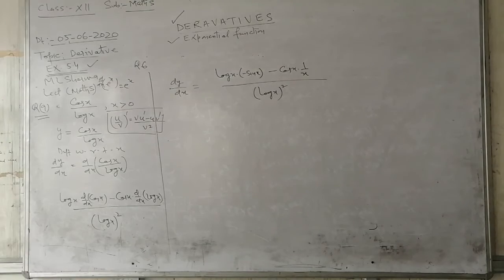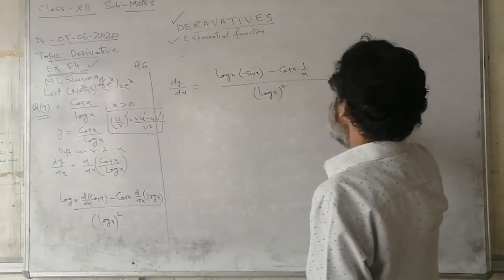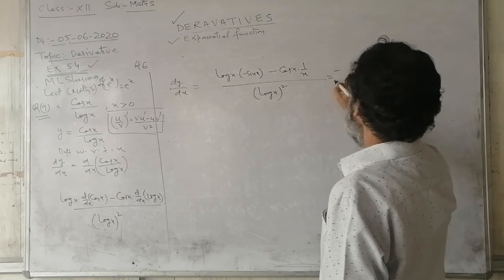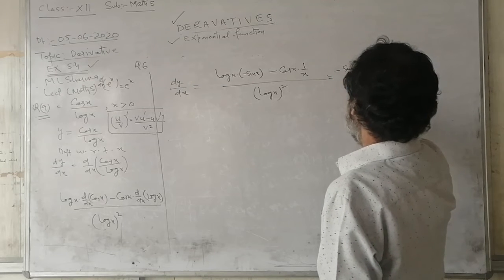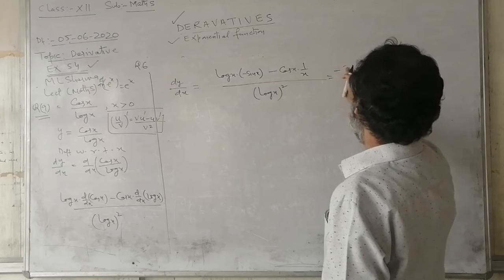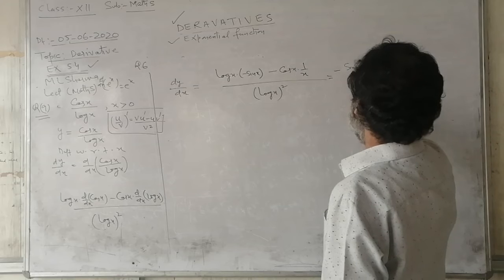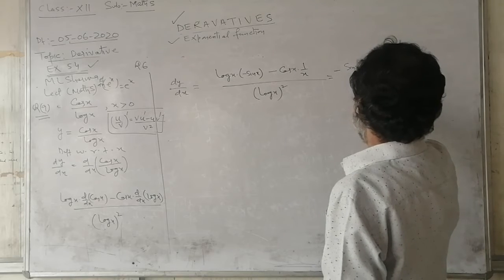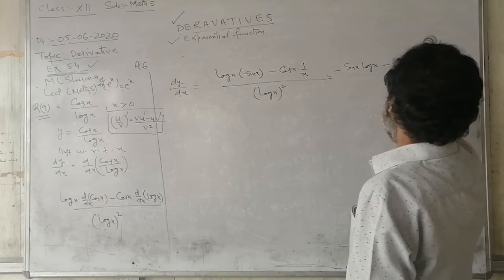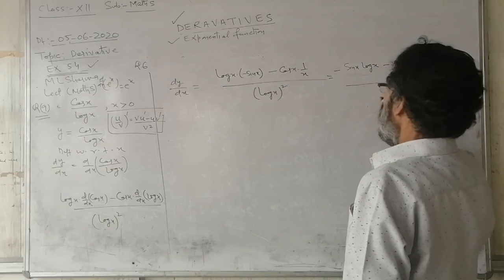So if I further simplify this, I can write this as −sin x log x, then minus cos x upon x.